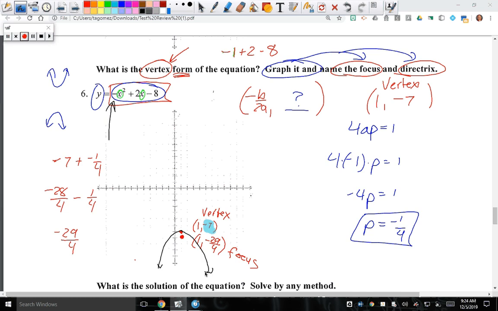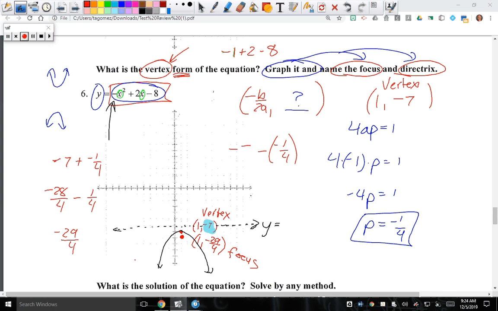And just the same distance away, we're going to go up, would be my directrix. And we're going to find out what that equation is equal to. Okay? So from this negative 7, do I add or subtract this 1/4? I'm going to subtract it because I want it to go upward. Okay? If I subtract a negative, it's really adding.